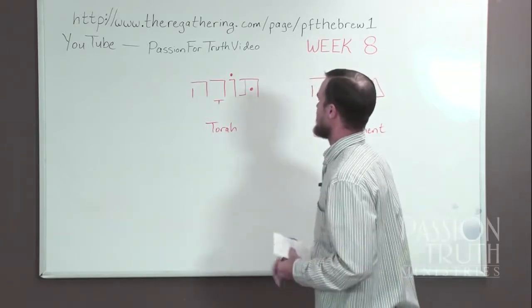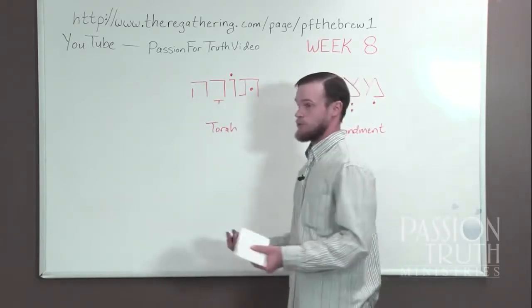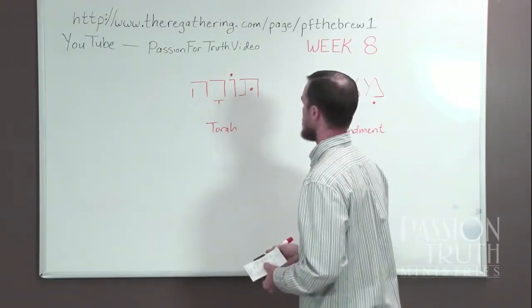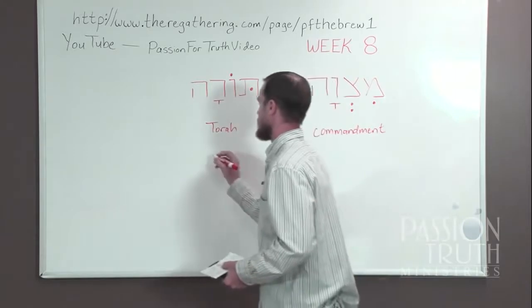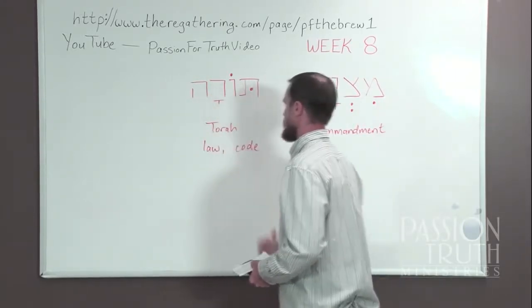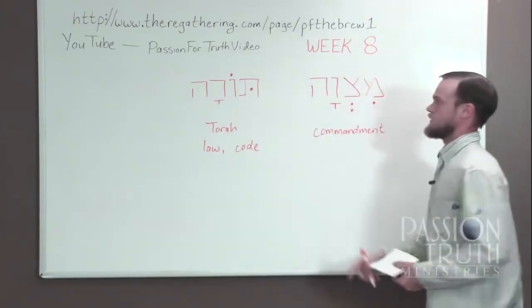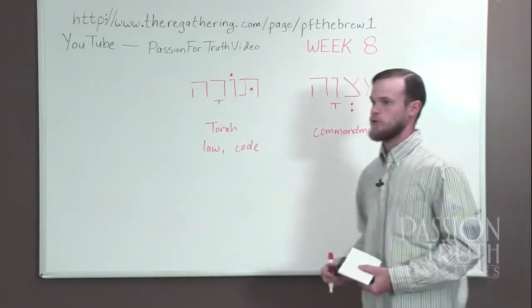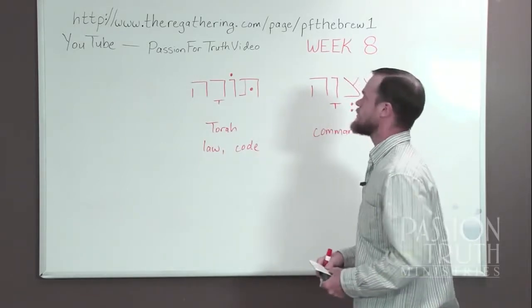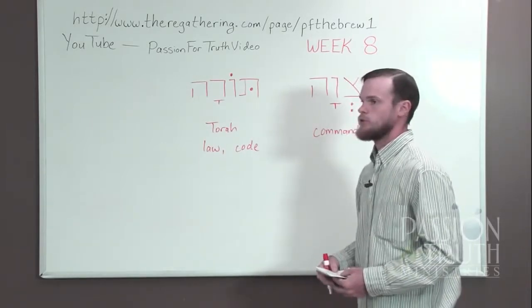So Torah is the Torah, the Pentateuch, the five books of Moses. But at its base, it actually means a law or code. Really what Torah is, is a collection of mitzvot, a collection of commandments. Teaching would be another way of putting it, yeah. Teaching, instruction.